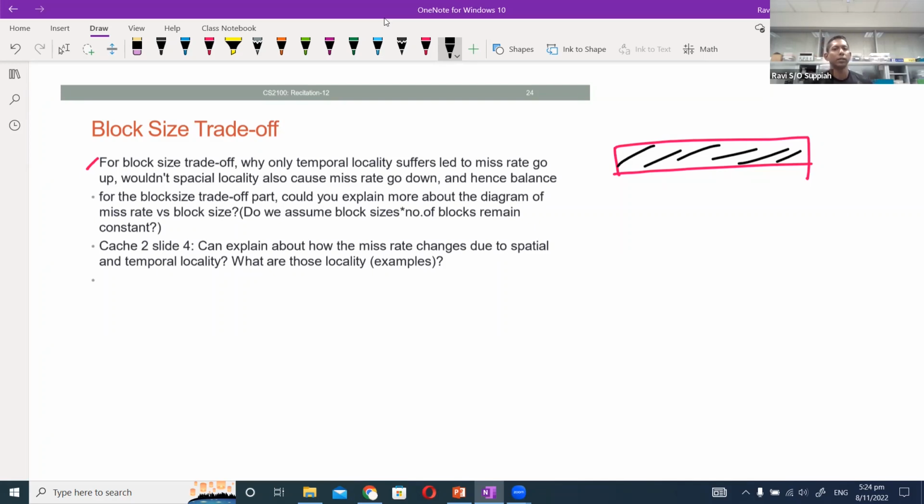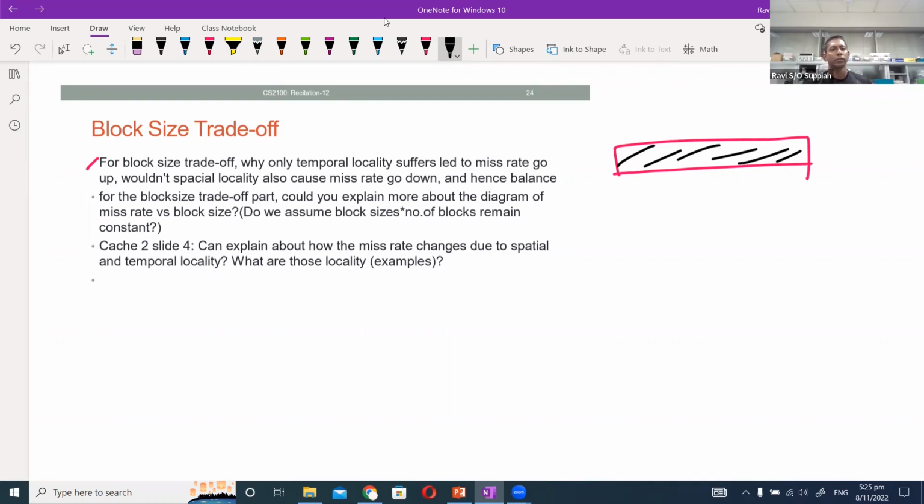That is why temporal locality suffers: when the data is not within that same instance of locality and I need to reload the cache, the time taken to reload the cache is higher because it is a bigger block size.